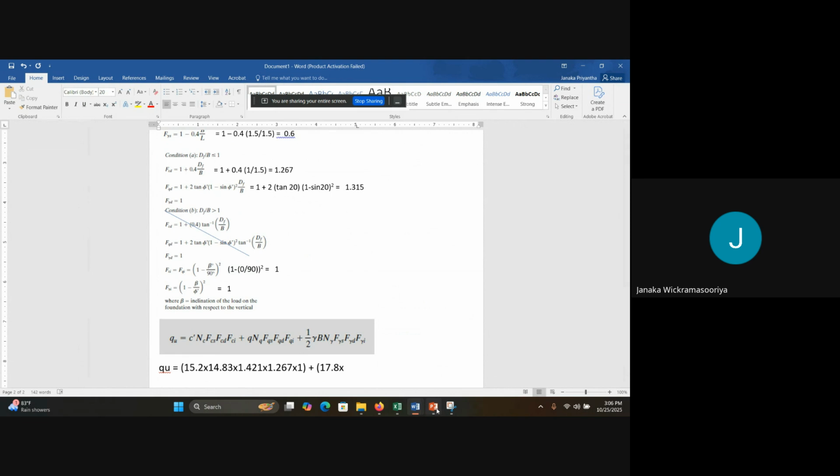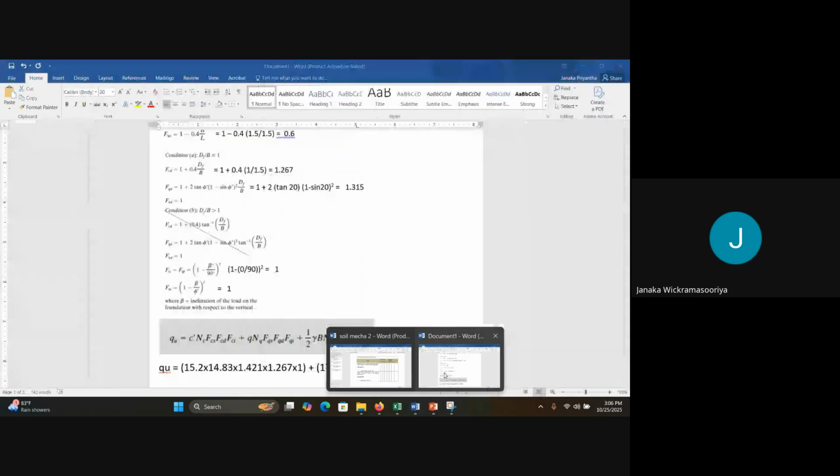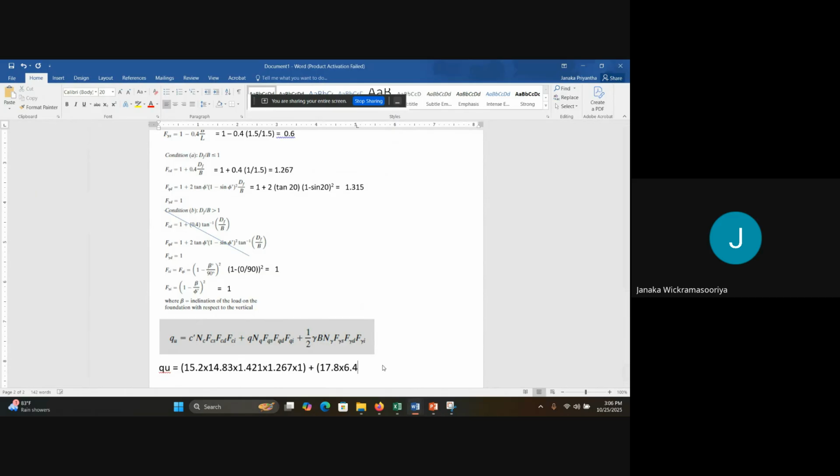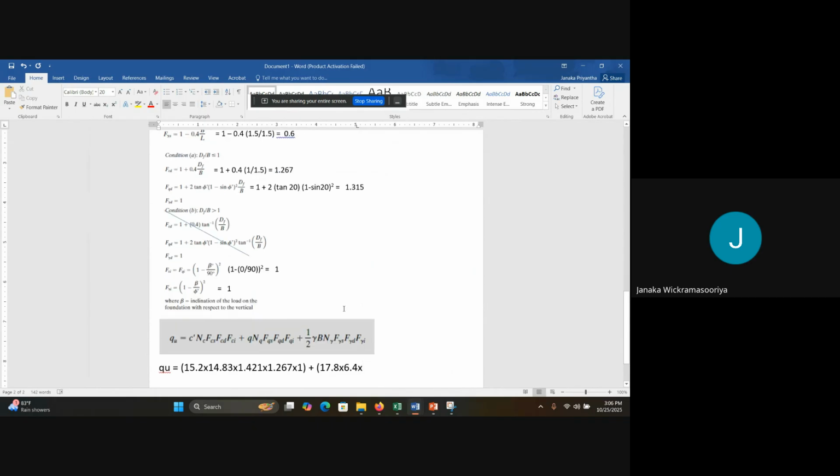NQ means 6.4. FQS 1.364. FQD 1.315. FQI is 1.